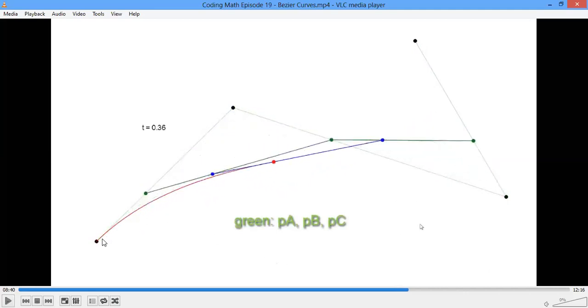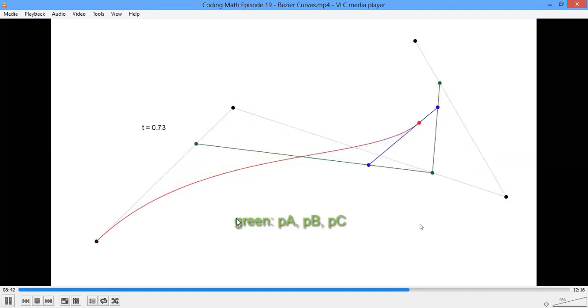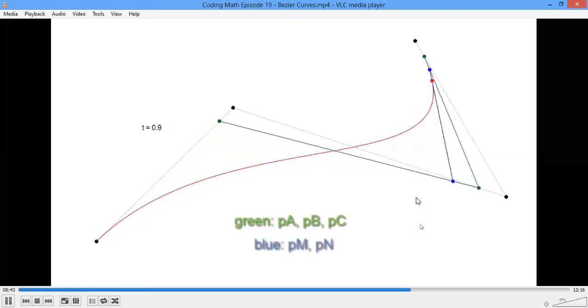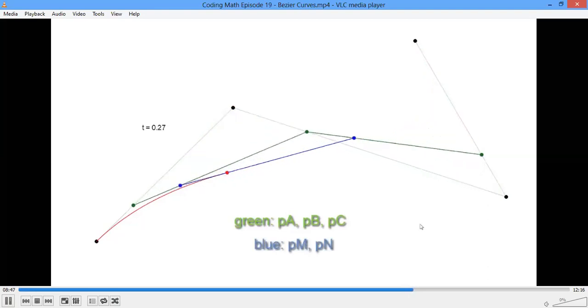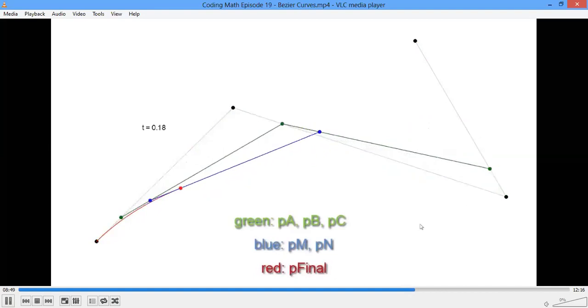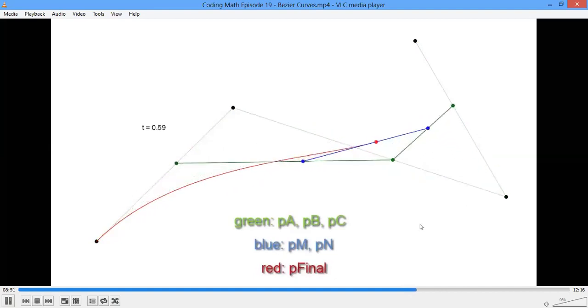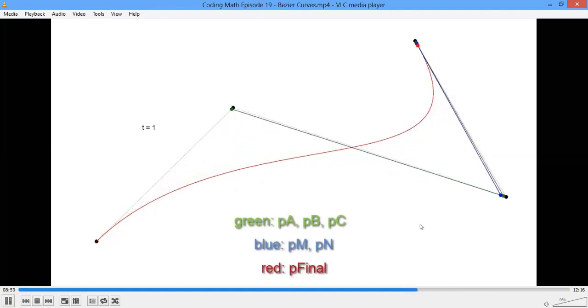So if you look at this red color line, which is going to be the ultimate Bezier curve for these 4 points, here itself, it's going to take a twist and it's going to take a turn ultimately into the opposite direction. Right?